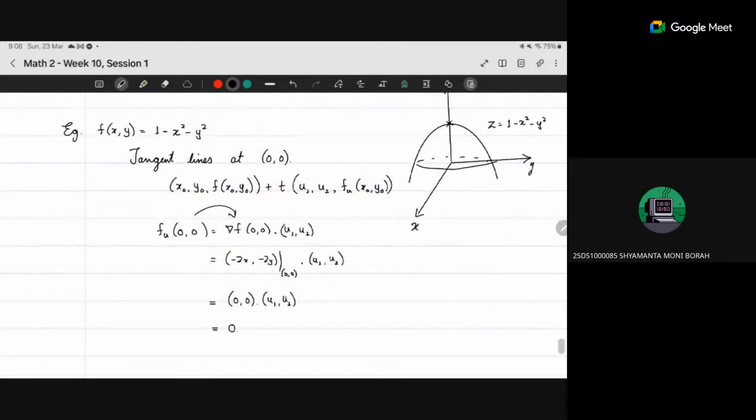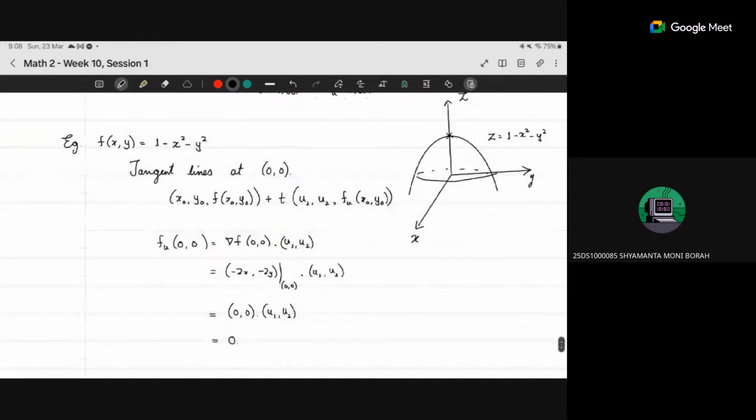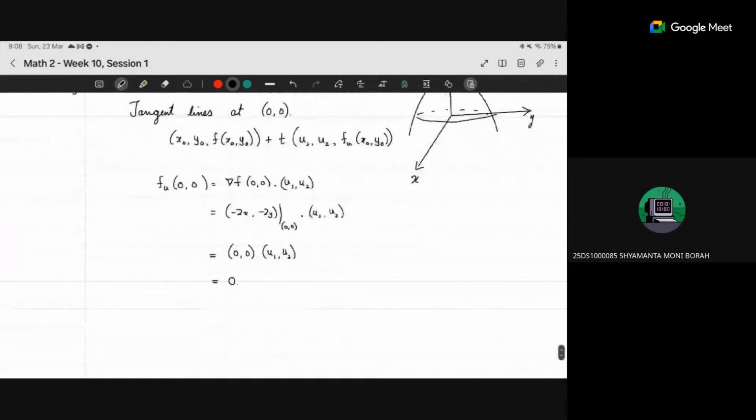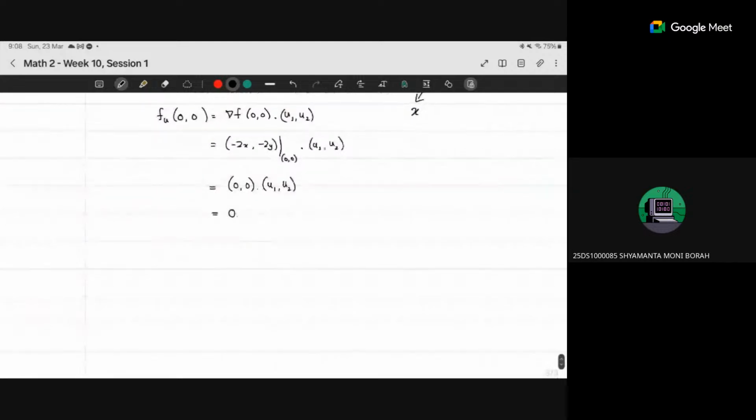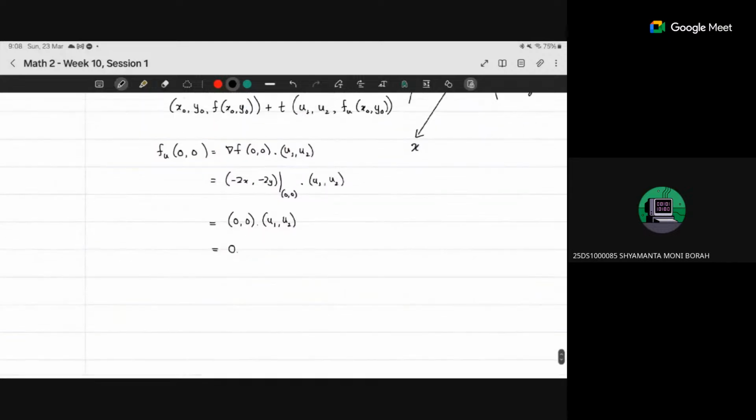Here, I did not have to worry about whether the gradient exists and is continuous, and whether I can use this formula, because this is a well-behaved function. It's a polynomial function, so that is well behaved. So here all of those things are satisfied, but in general you might want to look out for that. But anyway, f_u of 0, 0 is 0 irrespective of what u1 and u2 I consider.